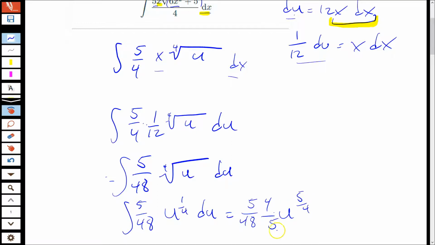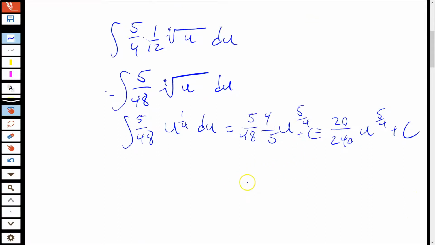Because I know when I do power rule, these will cancel out, and that will get me my u that I want. And then I can say 20 over 240 u to the 5/4. And don't forget your plus c. And then I'll just simplify that, so that's 1/12 u to the 5/4 plus c.